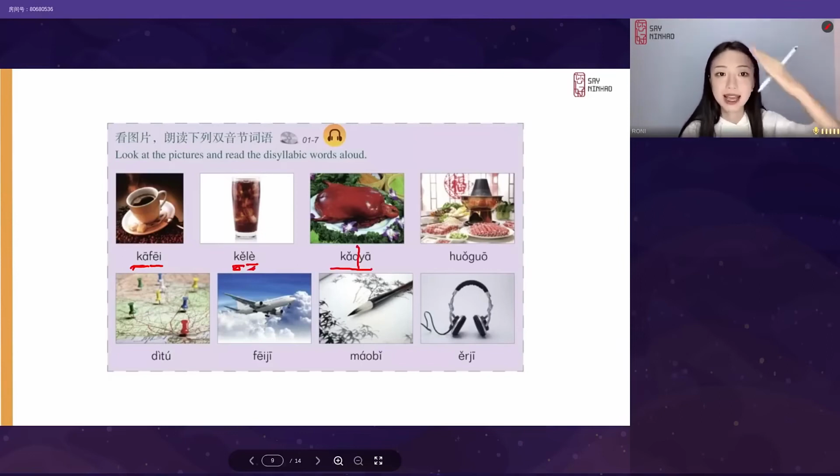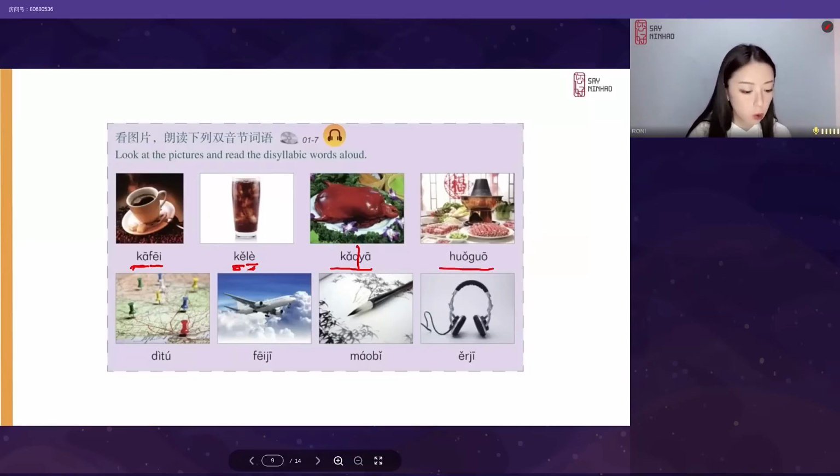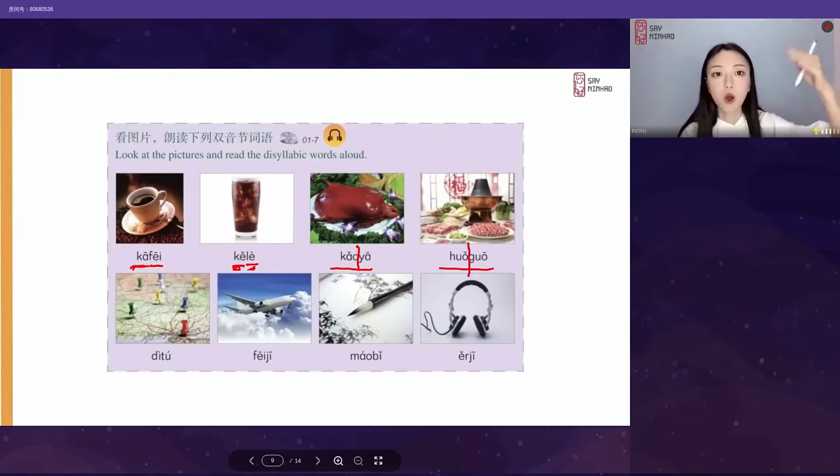Read after me, please. Kao ya. It means Beijing duck. Next one. Read after me, please. Huo guo. It is hot pot.